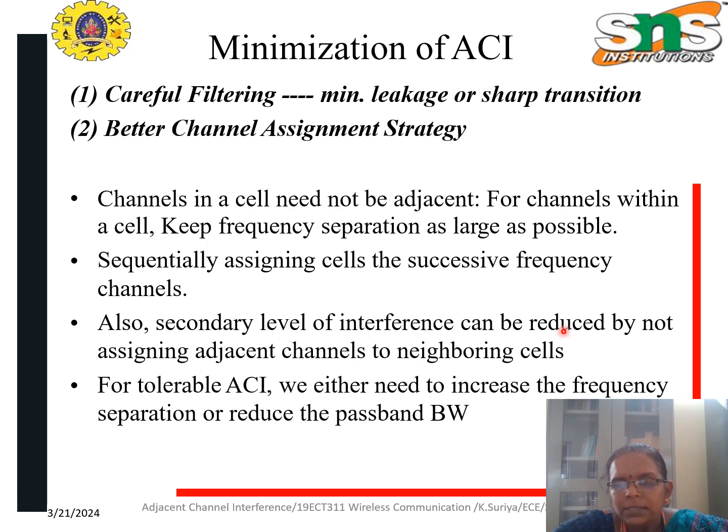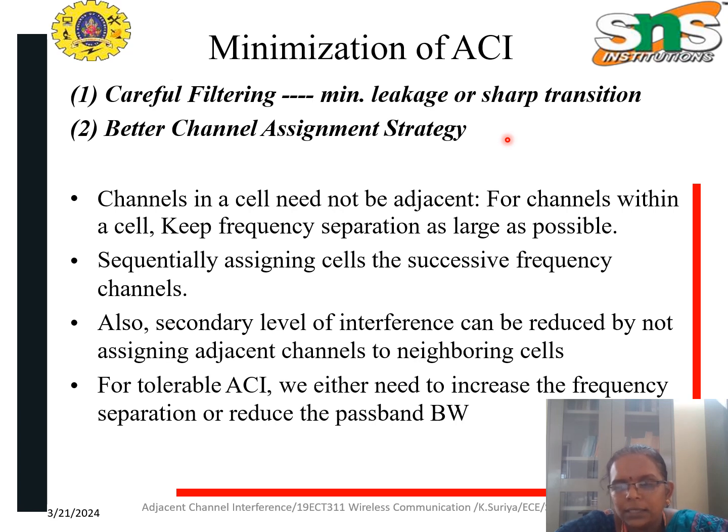In order to minimize adjacent channel interference, mainly we can use two strategies. The first one is careful filtering, where minimum leakage or sharp transitions can be obtained. The second one is a better channel assignment strategy. Channels in a cell need not be adjacent. For channels within a cell, keep frequency separation as large as possible.